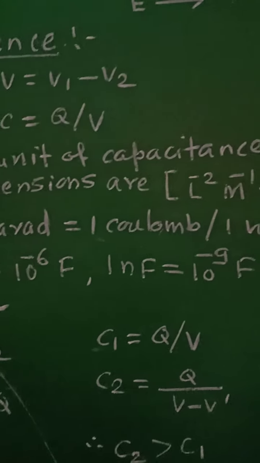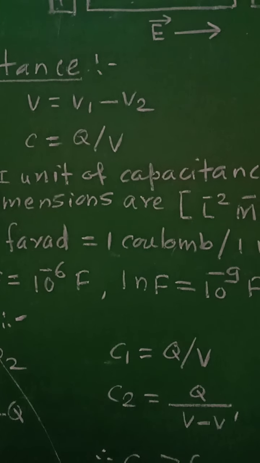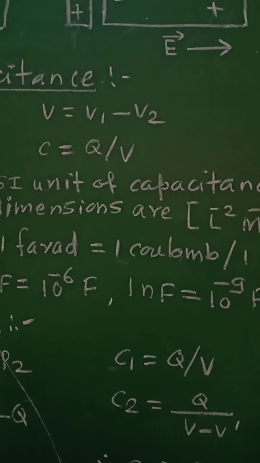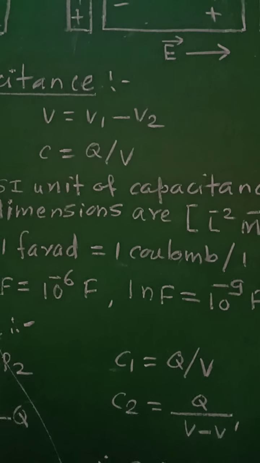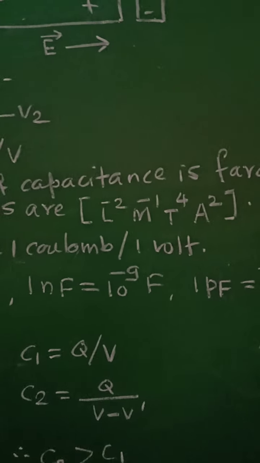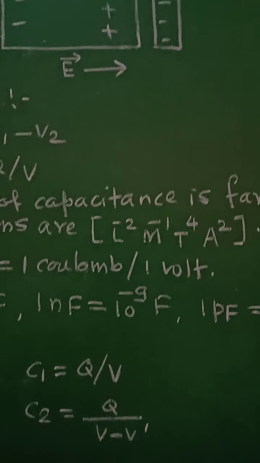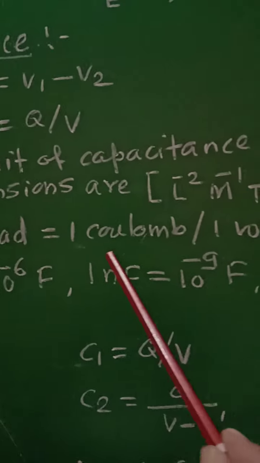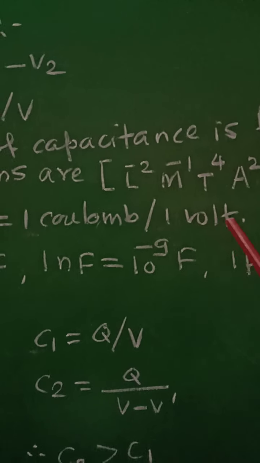So the SI unit of the capacitance is farad, and its dimensions are -2 in length, -1 in mass, 4 in time and 2 in current. Now 1 farad is equal to 1 coulomb per 1 volt.